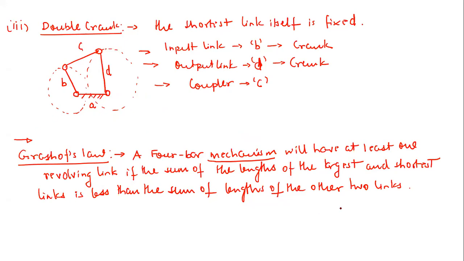This is what the Grashoff's law is trying to convey, nothing else. You just have to remember it as it is: if the sum of the lengths of the largest and shortest link is less than the sum of the lengths of the other two links, then the 4-bar mechanism will have at least one link which is revolving. So this is the Grashoff's law.